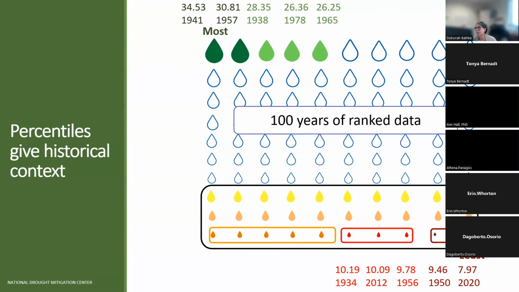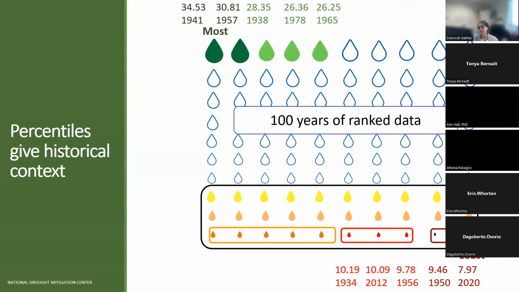Some of the advantages of using this method is that percentiles can be applied to any parameter. They can be used for any length of record, and they help put drought into historical perspective. When I think of percentiles, I've got, and so does Tanya, we both have elementary school age children, and as your kids are growing, they talk about percentiles a lot. So my kid is in the 85th or 87th percentile for height.